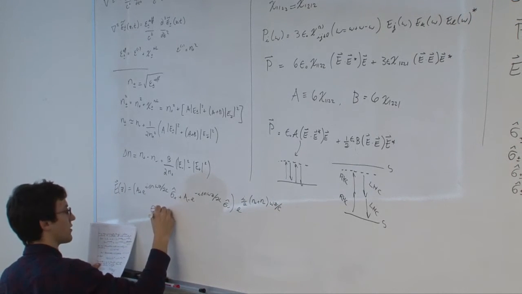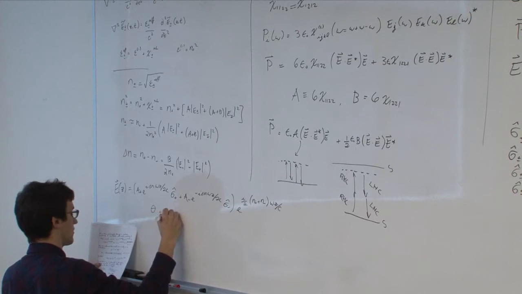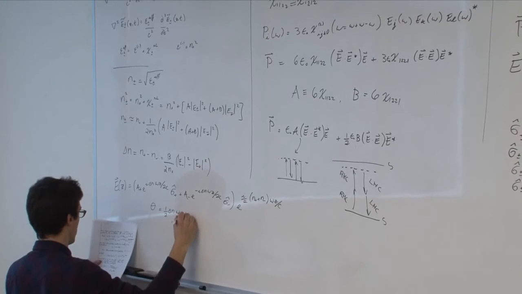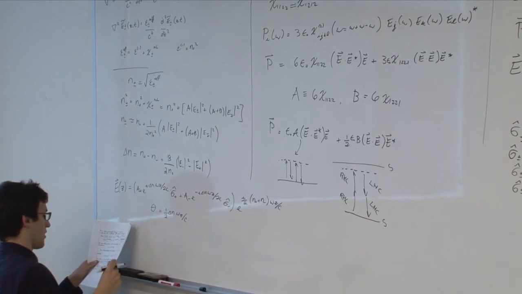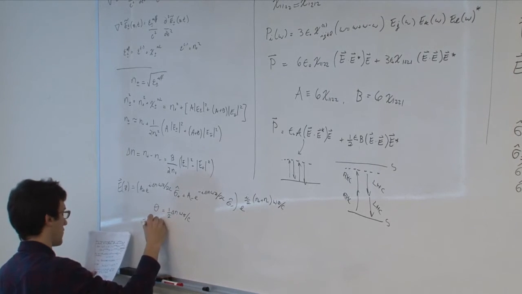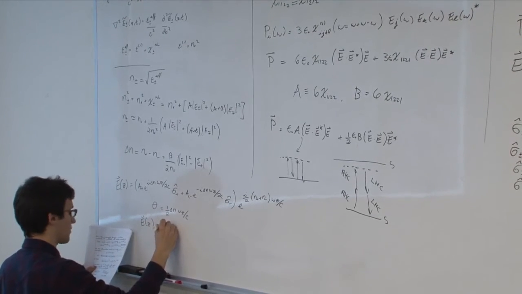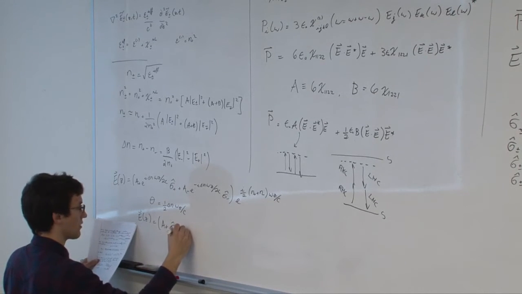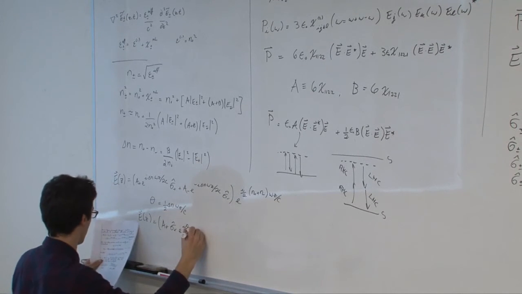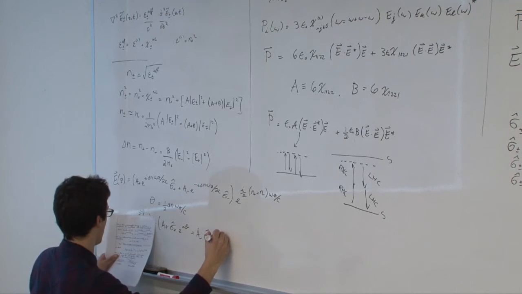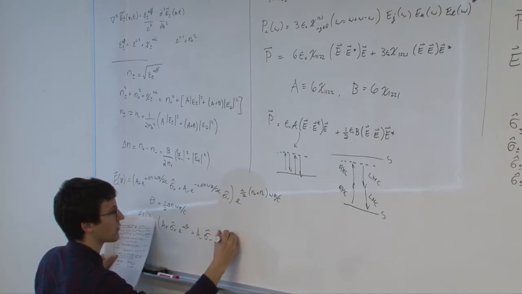Let us introduce this angle theta, so that this electric field is now given by A plus e to the i theta plus A minus e to the minus i theta.